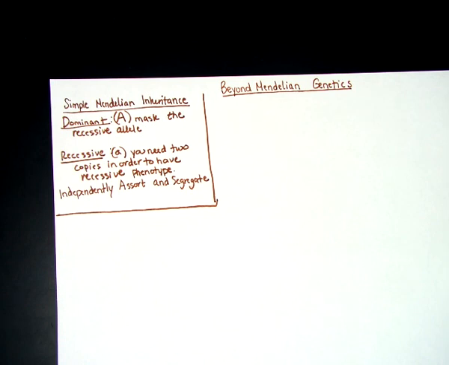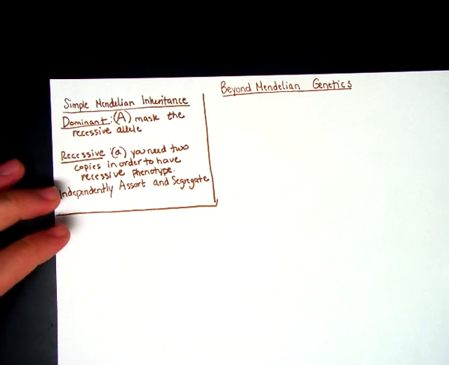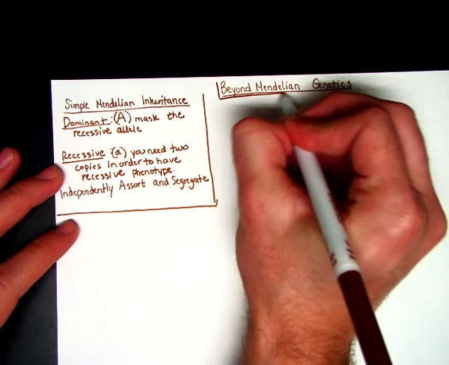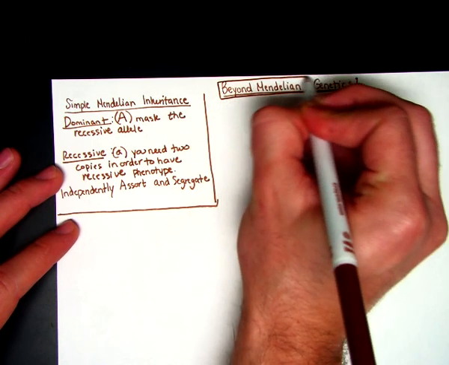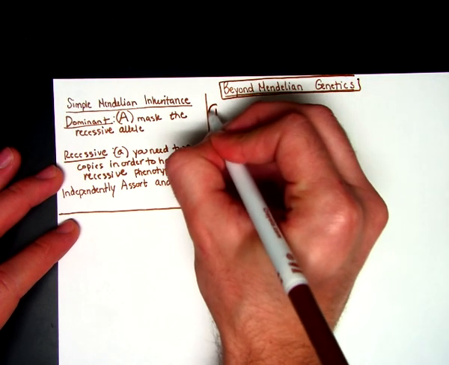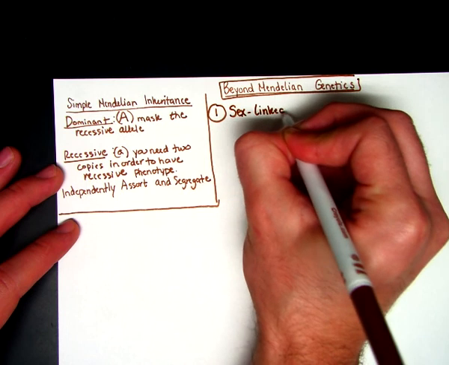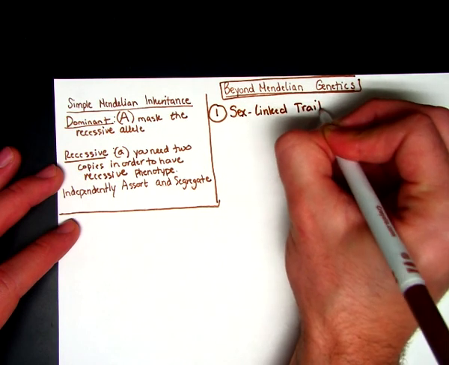And Mr. Anderson talked about this yesterday. But our first example of being beyond Mendelian genetics are sex-linked traits.